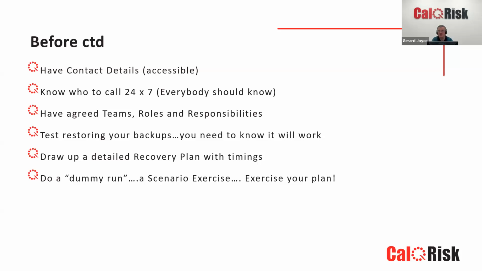Something else you can do beforehand, and we can talk about this under exercises, is restoring the backups, because you're going to need it someday. So do you know if the restore works? We do it about 4 times a year. And draw up your detailed recovery plan with timings. This is to get the order of things. You're limited in resources and what you can do, so do the important stuff first.